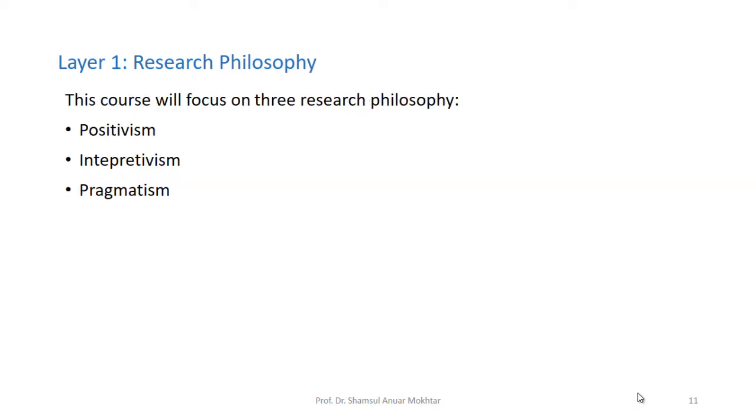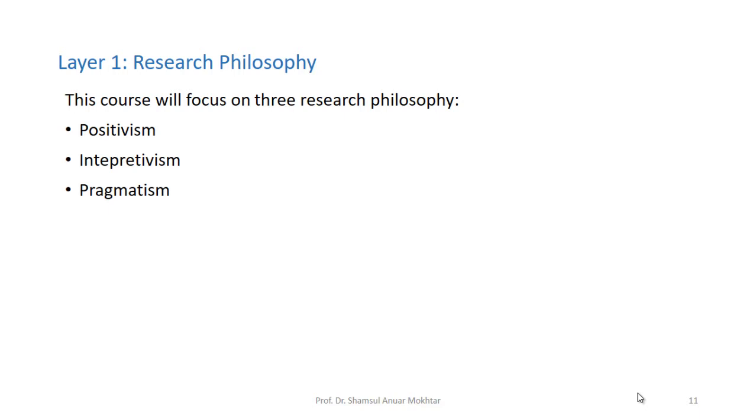Now, before we go into each of ontology, epistemology, and axiology, we are going to describe the research philosophy, and then for each philosophy, we are going to relate what the ontology, epistemology, and axiology are.